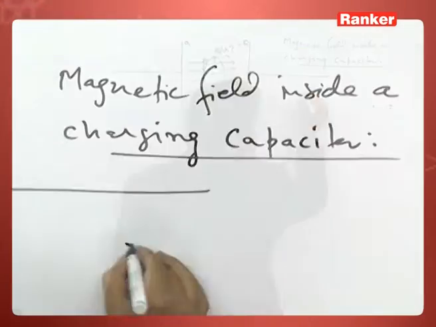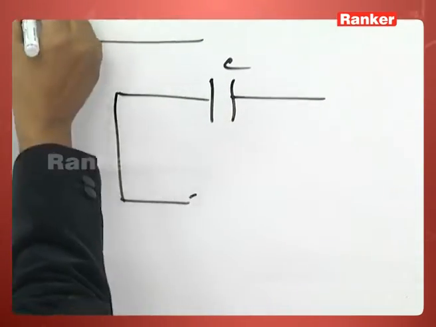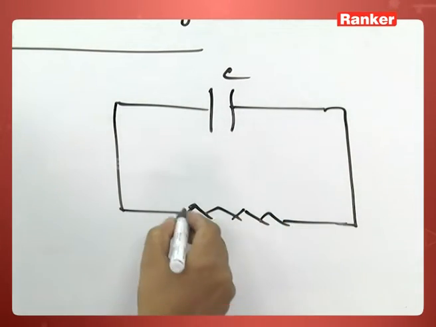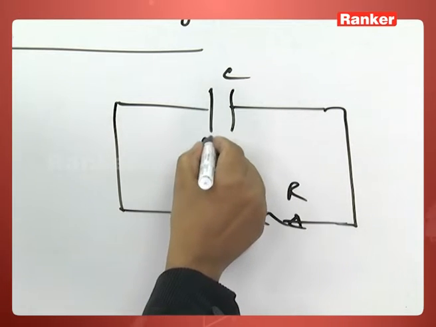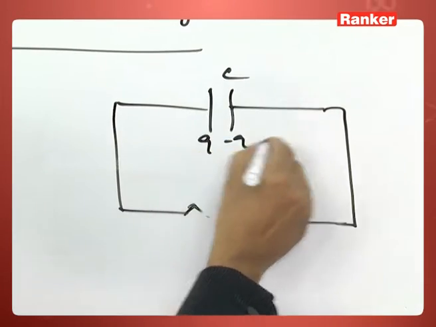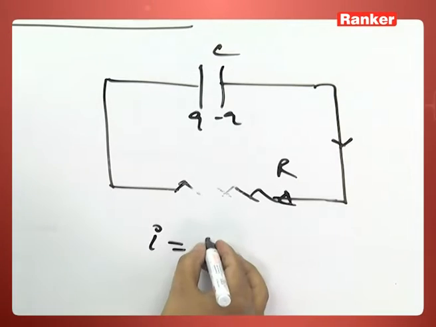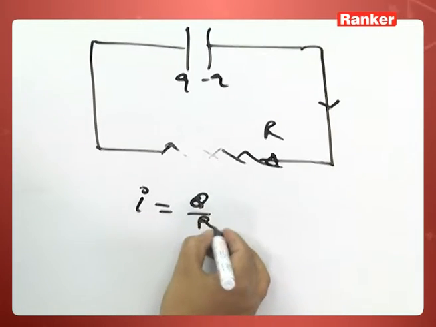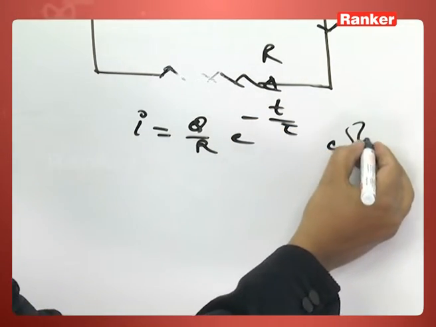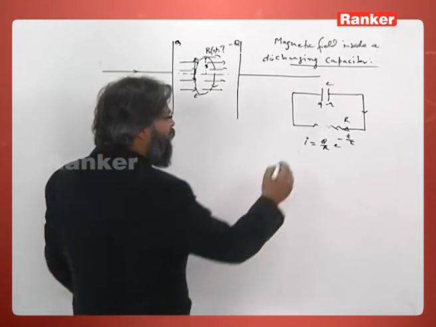Now, let us suppose this is a capacitor which is being discharged through a resistor R, and initially it was having charge Q, and at some instant it has a charge Q and minus Q. So, I know that the current I will be given by the initial charge Q by R e raised to minus t by tau, where tau is equal to C R, that is the time constant. This is how the current will vary through this.